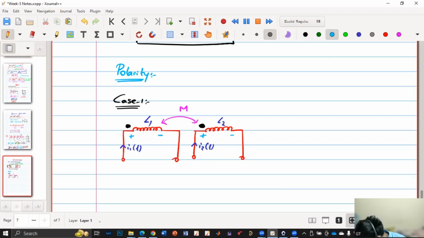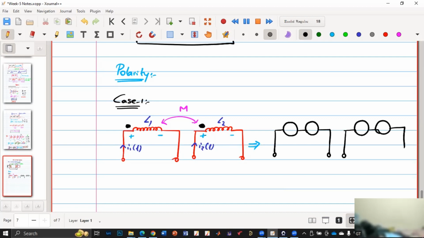So if we draw the polarity, what I mean to say is, for coil one, we have one voltage because of the self inductance and one voltage because of the mutual inductance, right?